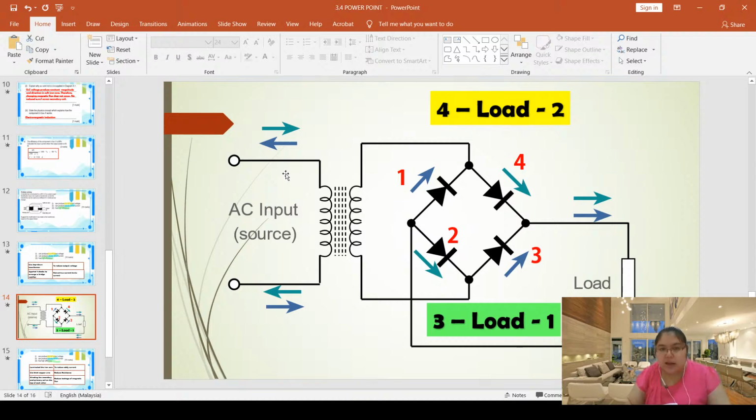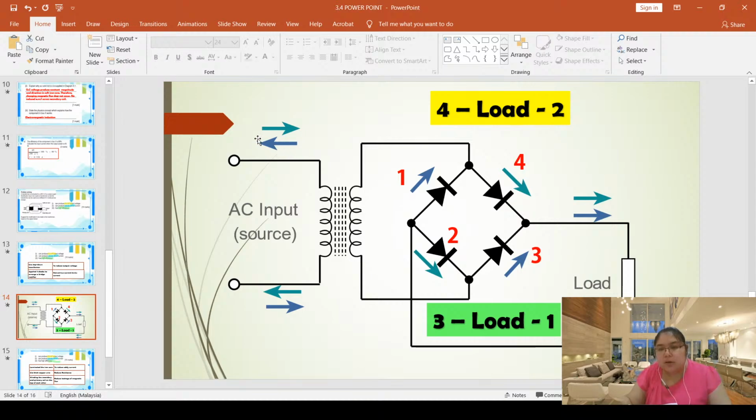So now the alternating current, I start from here, the green color. The green color current will flow. After that I go to the diodes. Where do I need to go? I need to go to number 4. Remember, the triangle is positive and the flat side is negative.